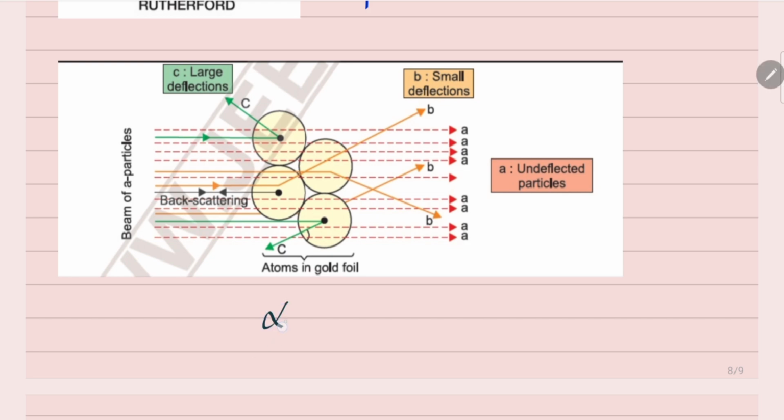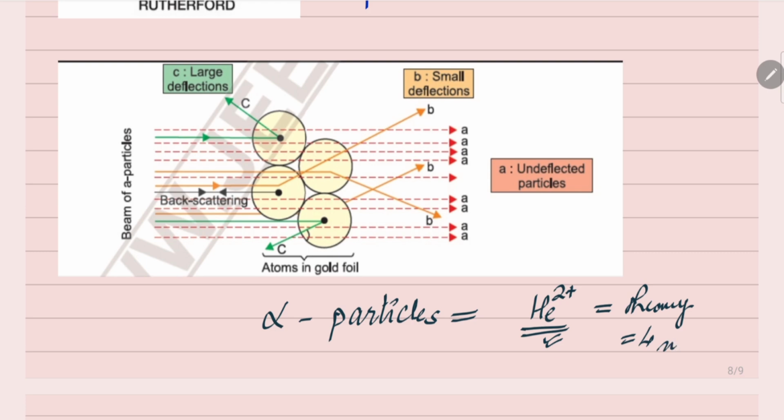The alpha particles we are talking about, and we have already studied their properties, are helium ions which are doubly positively charged. That means they had a positive charge on them. These alpha particles are also quite heavy, because they have a mass of 4 units. So they are heavy, and along with it they have a positive charge.